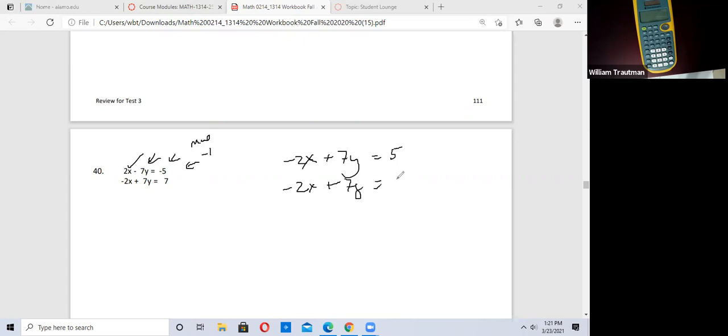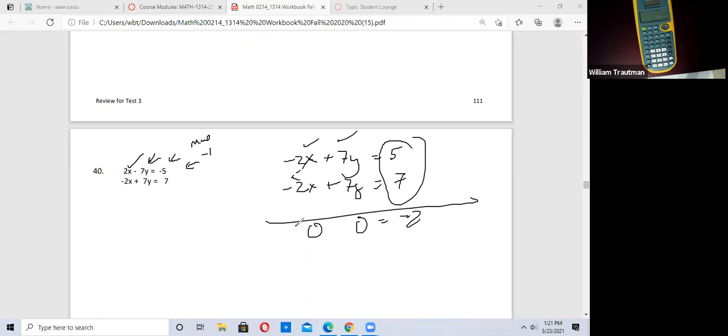It looks the same, except the last numbers are different. These are the same. If you added these up together or subtracted them, you'd get 0, 0. If you subtract them, 5 minus 7 is negative 2. Do you see? You get 2 zeros, but then you get a number. This one is no solution. The empty set.